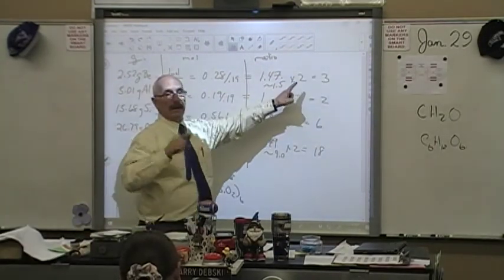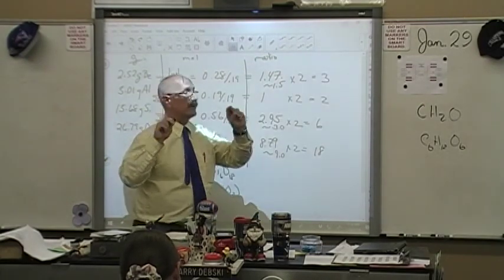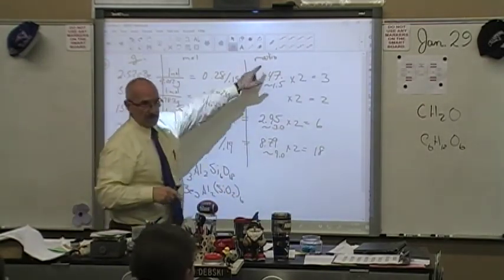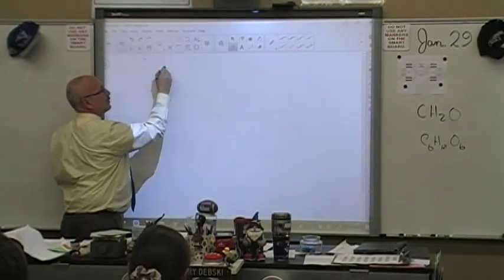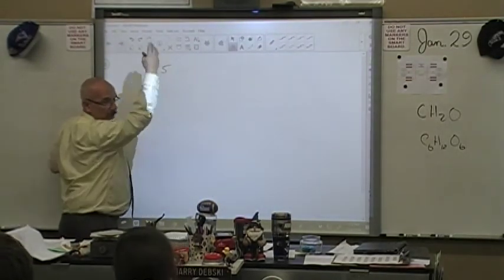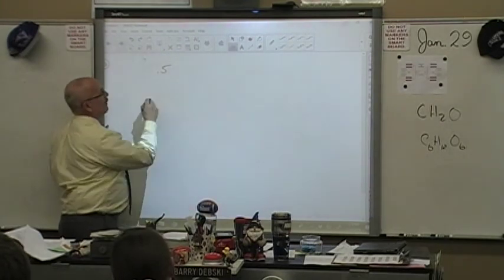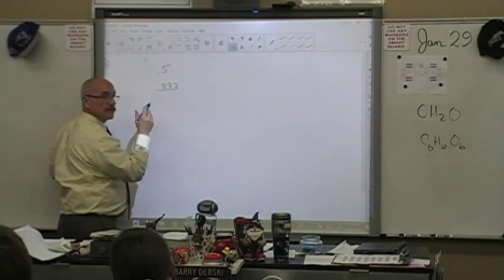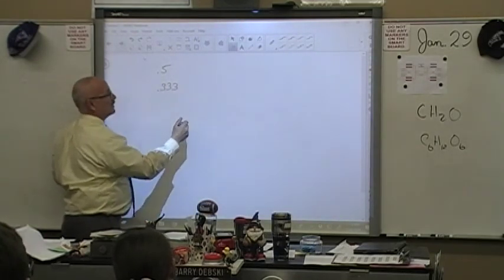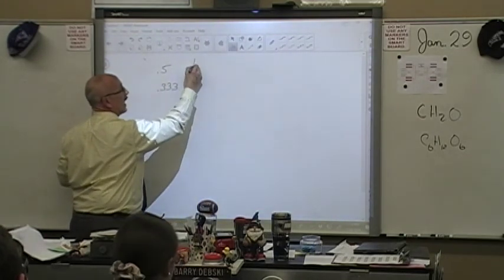This brings up the point, I've been looking for a problem, so give me the last 2 minutes here. If you found something that ends in something very close to 0.5, then we're going to multiply them all by 2. How about if you saw one that ended in 0.333? Multiply by 3, because this is 1/3, this is 1/2.